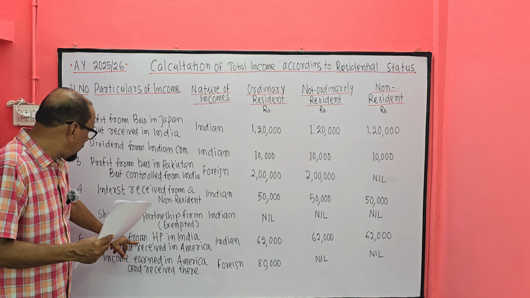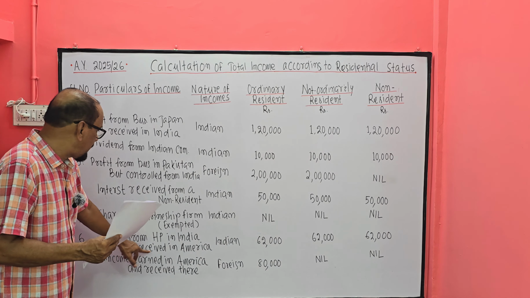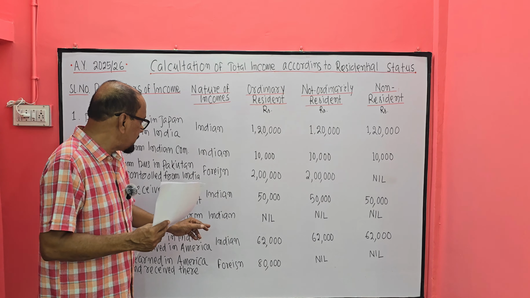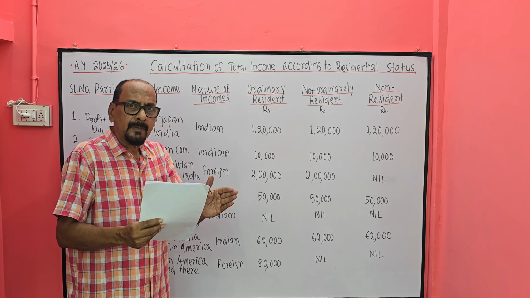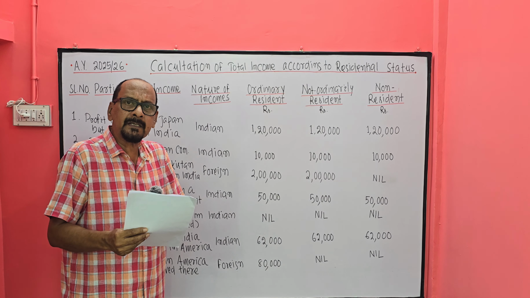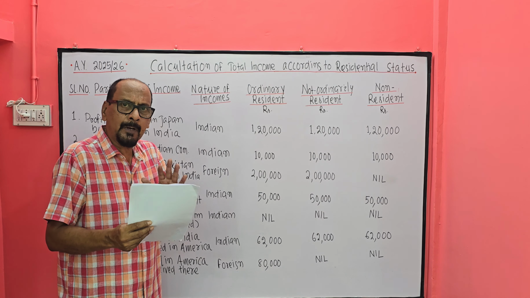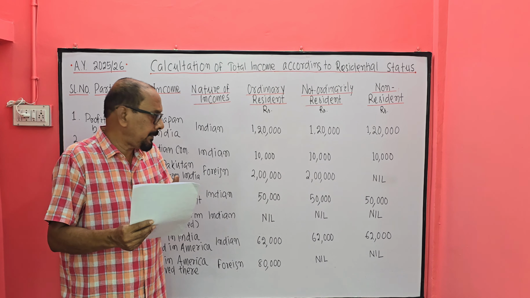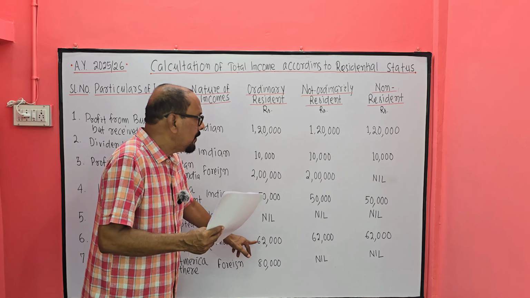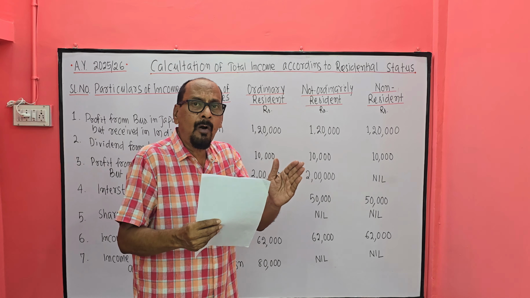As the house property is in India and that person is receiving income from that house property, the nature of income is Indian income. So it is taxable in all cases.